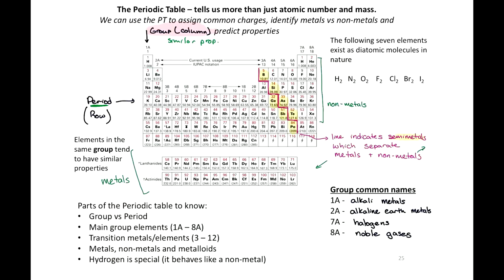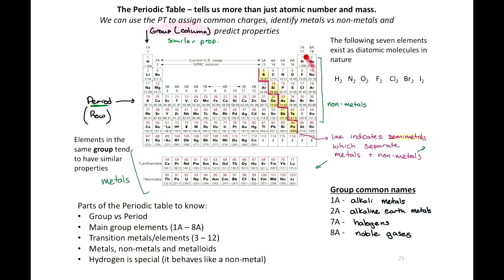And then finally, the most important thing off this periodic table to know is your metals, your nonmetals, and your semi-metals. So there's a trend here. Metals are on the left side of your periodic table. Your nonmetals, meaning not a metal, are on your right side of your periodic table, where this line separates them.